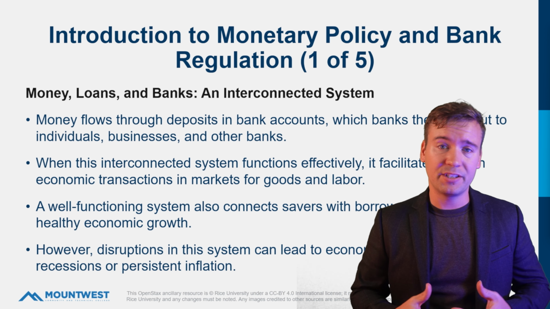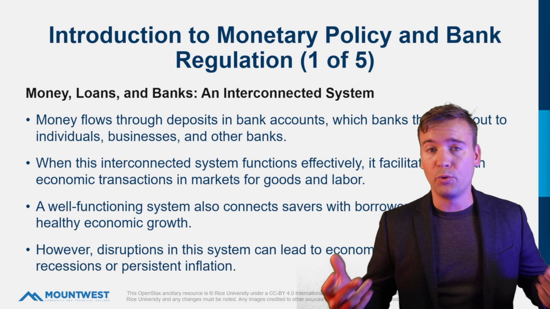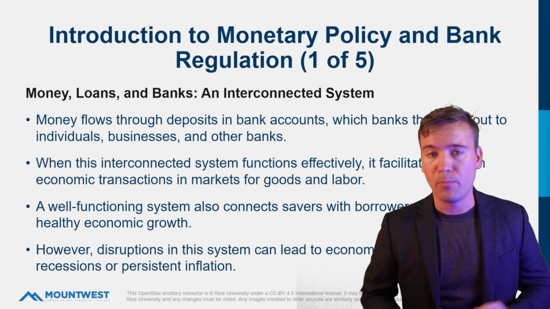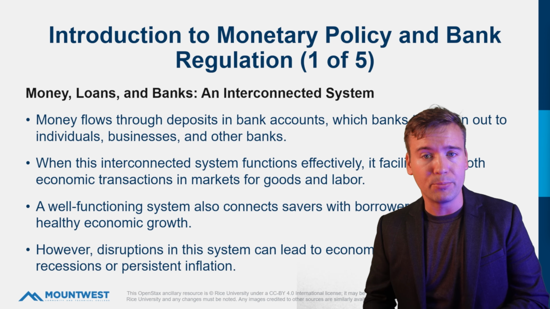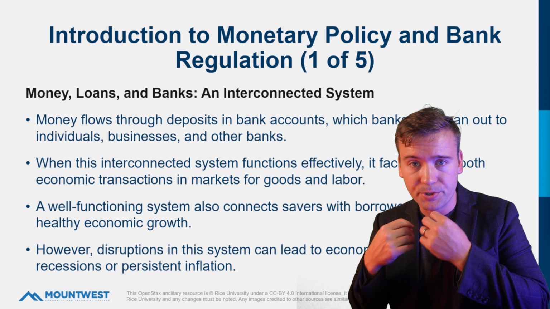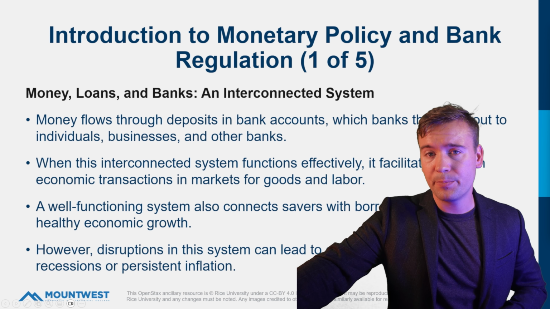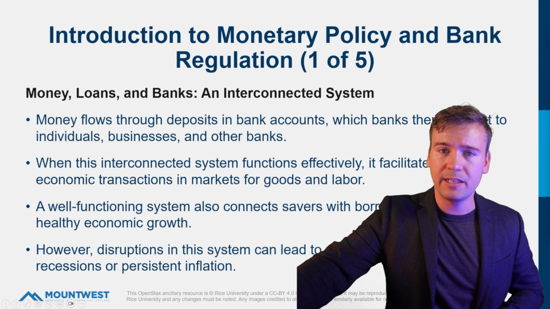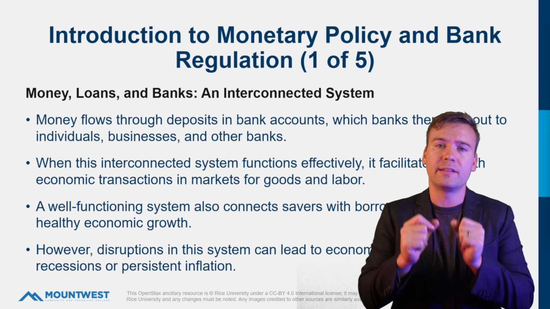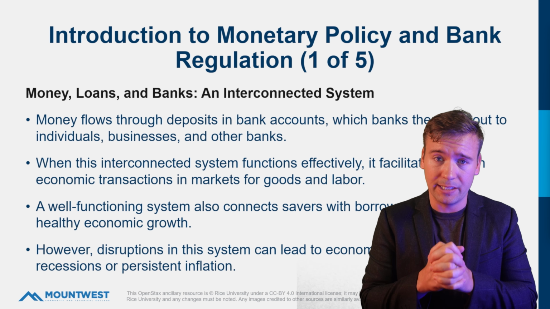I mean, when this system works smoothly, it's a well-oiled machine. It facilitates economic transactions in every market, from goods and services to labor. It connects the savers with the borrowers, which helps to drive economic growth. And that's a big part of what banking is all about. It's connecting the savers with the borrowers. But the crucial point here is that the system is delicate.